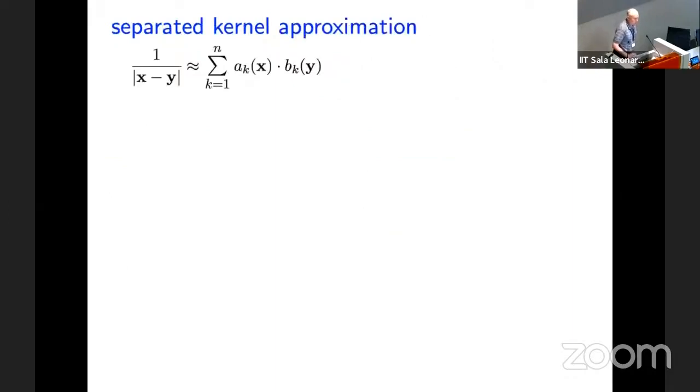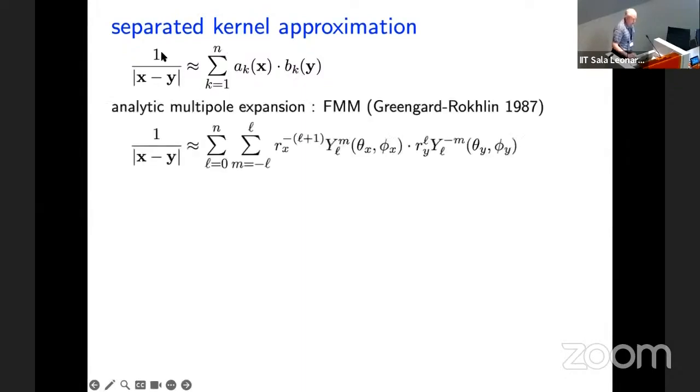Now, these methods all rely on a separated kernel approximation. So here's our Coulomb potential with the target x and the source y. These methods use various kinds of approximations, a series of functions of x times functions of y. The classical fast multipole method used an analytic multipole expansion.